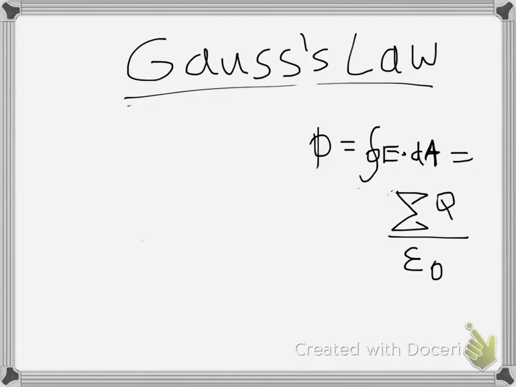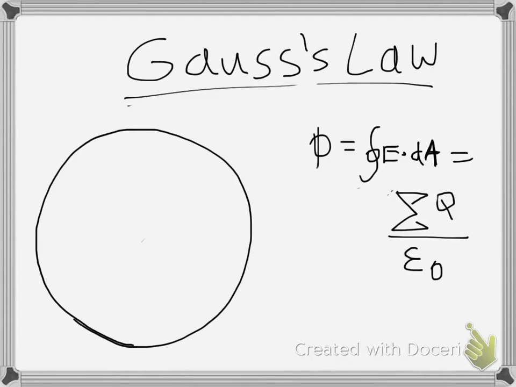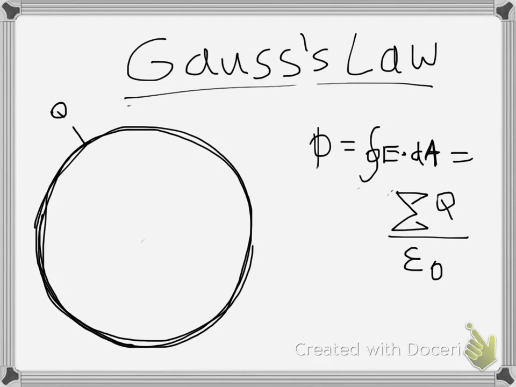Let's say that we have a sphere, but it only has a charge on the outside covering of it. So only the surface of the sphere has a uniformly distributed charge.